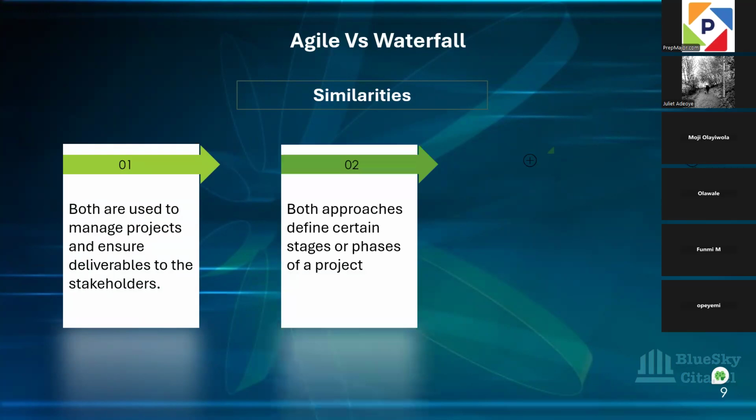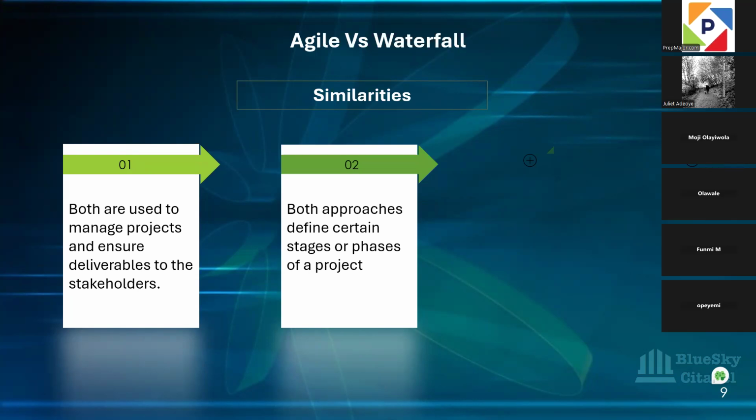The other one is that both approaches define certain stages or phases of the project. Like for Waterfall, we talked about the requirements, this and that. For Agile, we're looking at the circles also. Waterfall is linear.